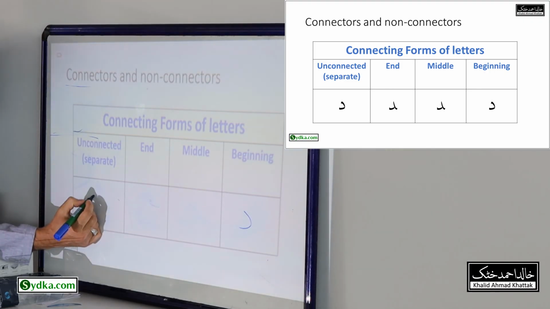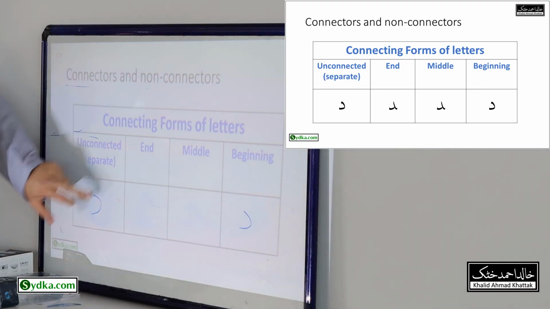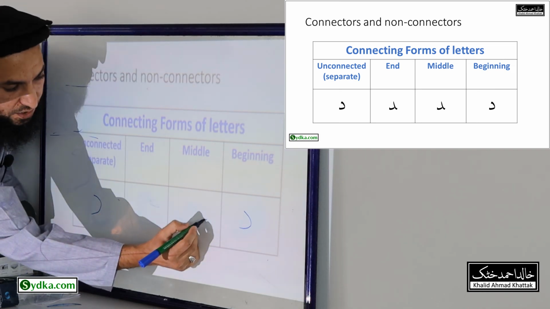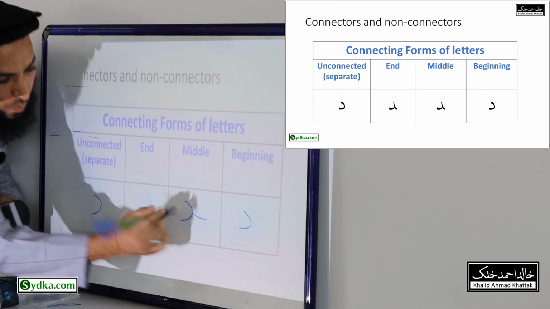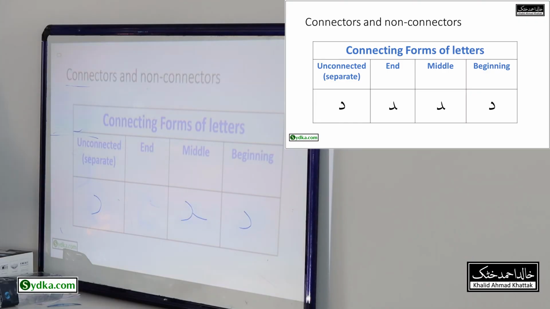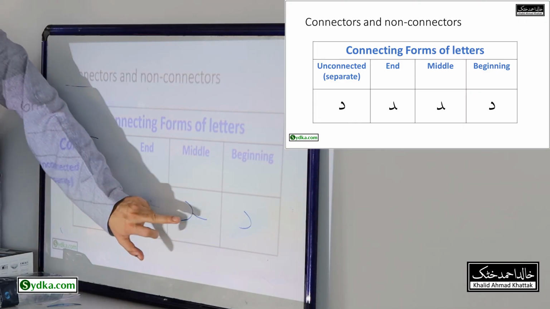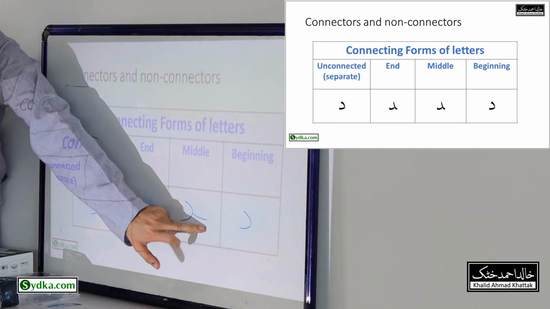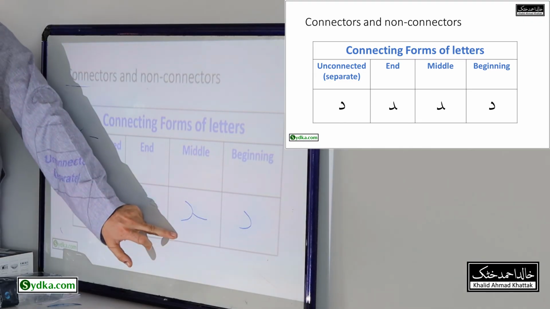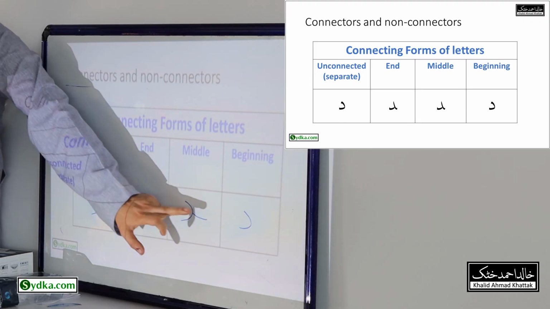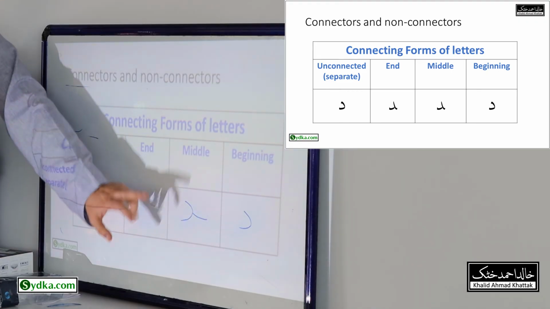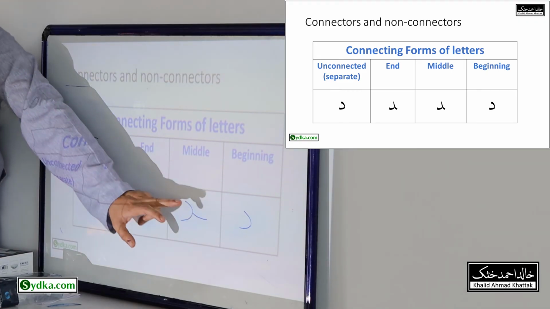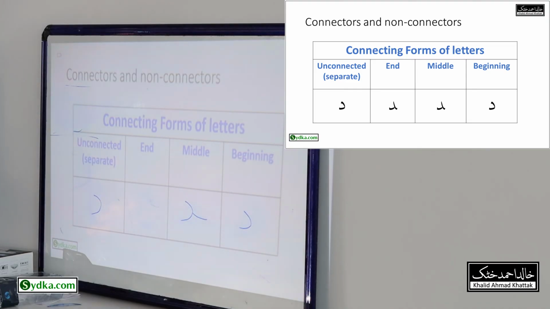So I'm going to write this one here. So this is on its own. In the beginning, on its own. And in the middle, you write like this. So what happens in the middle? Normally with connectors, we can connect something after it or before it. But in non-connectors, we can connect only before it, not after it. With connectors, before it and after it, both cases, okay?